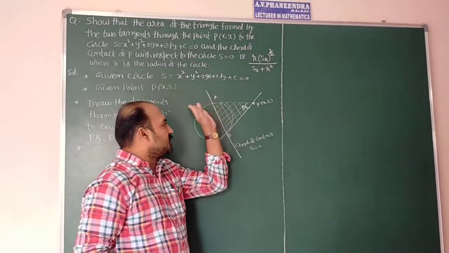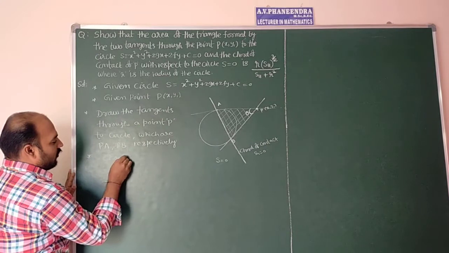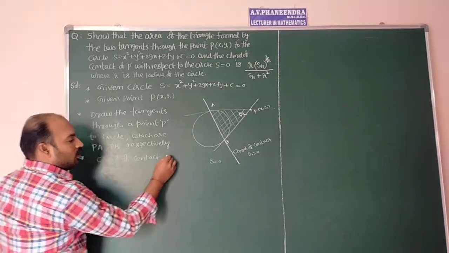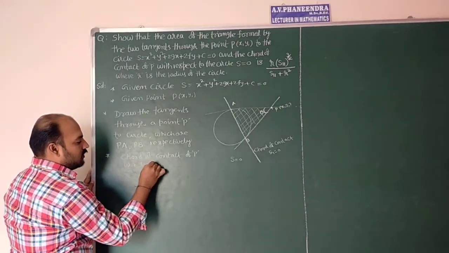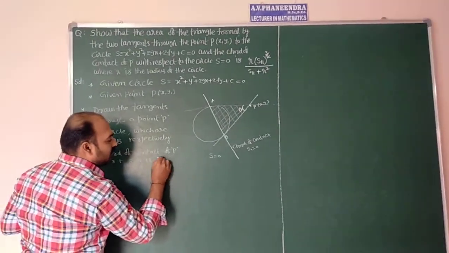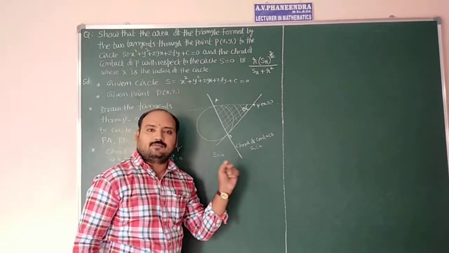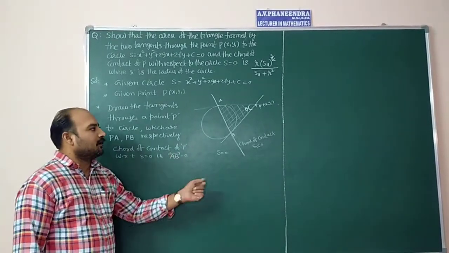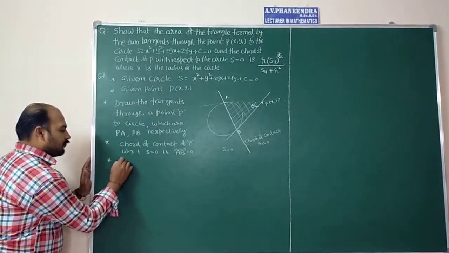These are the two tangents. After that, the chord of contact of P with respect to the circle S = 0 is AB = 0, the chord of contact. After the chord of contact, let theta be the angle between these two tangents.